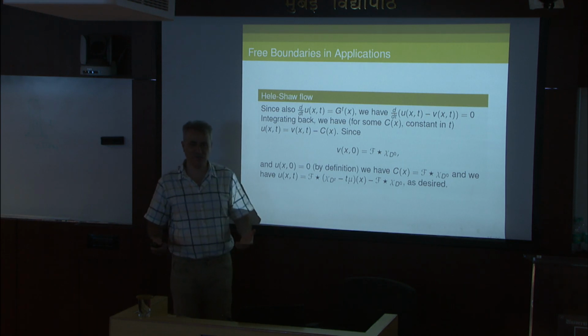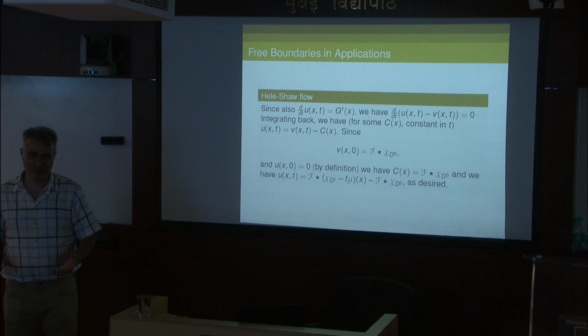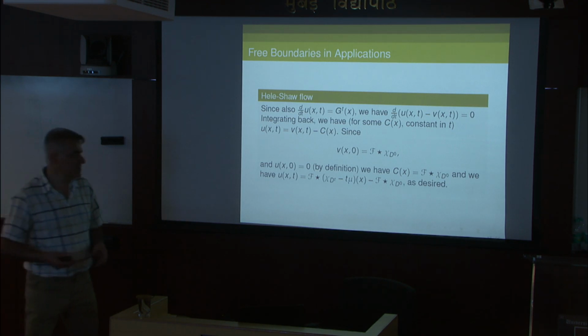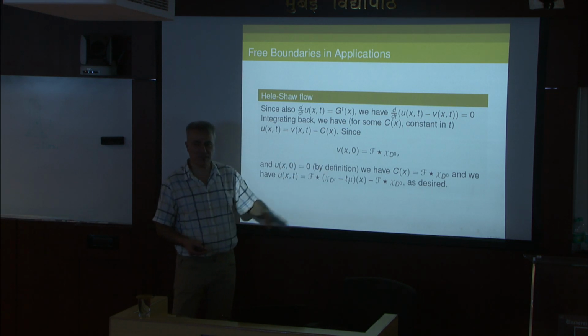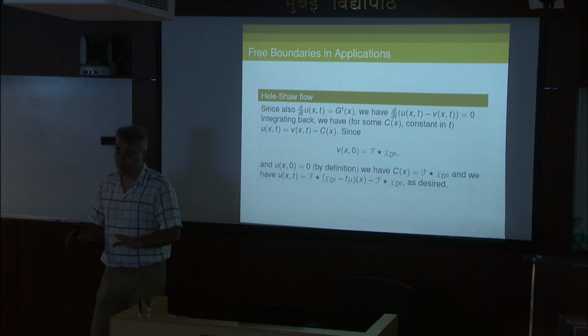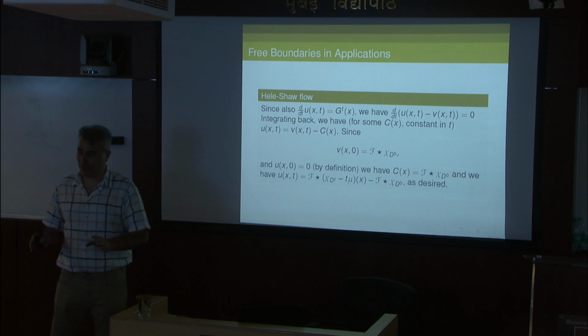So it means u and v are almost the same, up to a constant, because the derivatives in t are the same. So u is v minus something that is constant in t, but not constant in x.